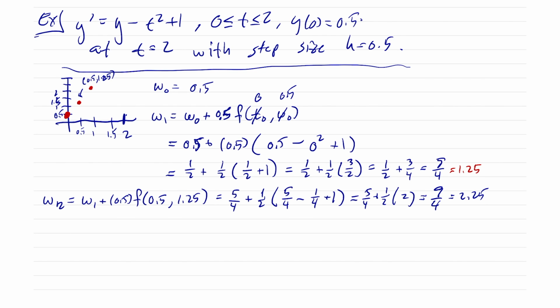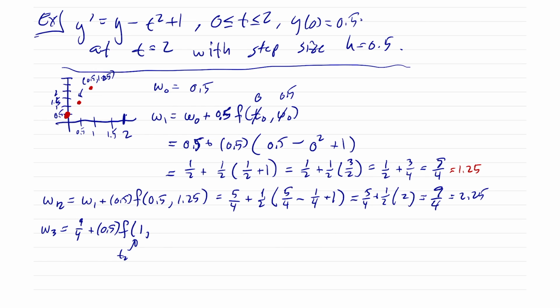So let's take a look at W3 and see what we got. So W3 is equal to 9 quarters plus 0.5 times f, and now we're putting in t2 here, right? So t2 goes in, and t2 is 1.